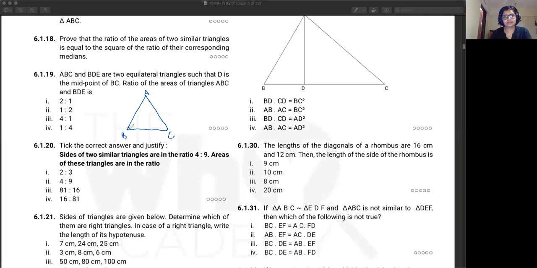Equilateral triangle है BDE. So ये midpoint है, and this is also another equilateral triangle. So you need to check ABC is to BDE.